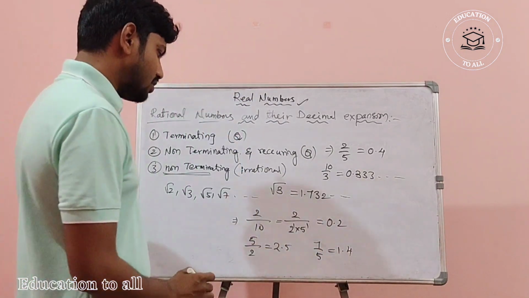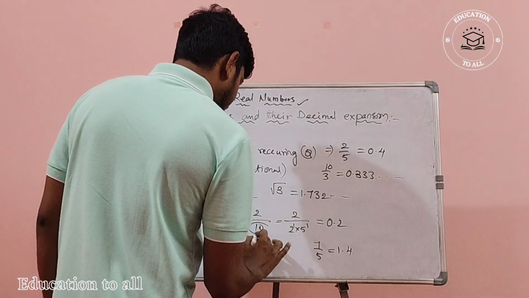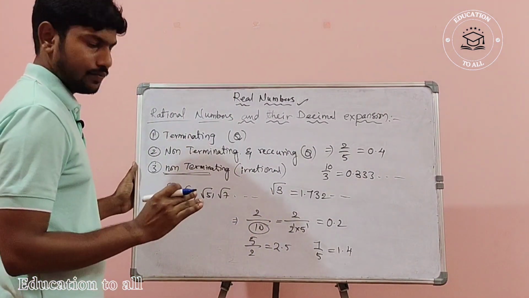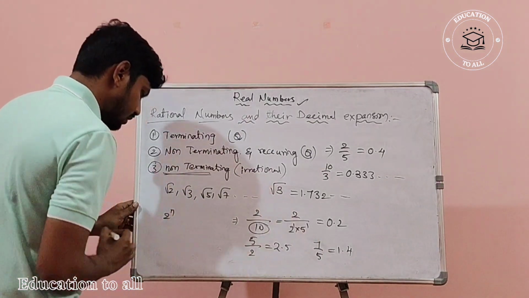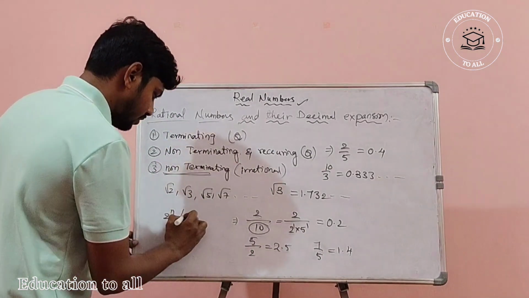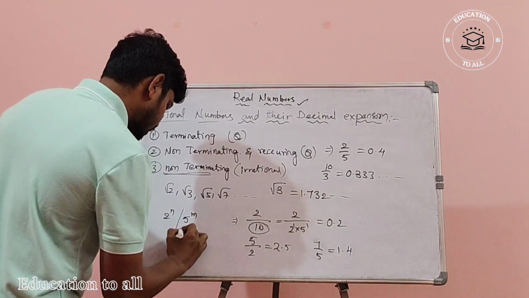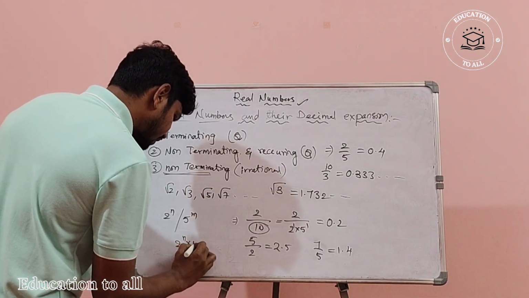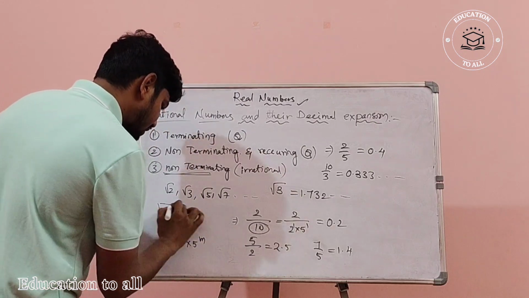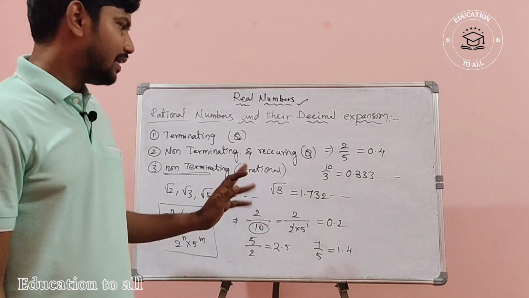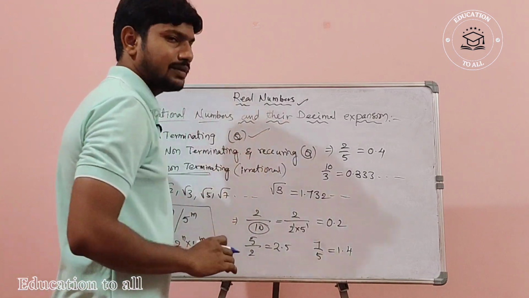Then the logic is that if any denominator is in the form of 2 power n or 5 power m, or both, 2 power n into 5 power m, so if the denominators are in these formats, definitely that will be a terminating decimal expansion.